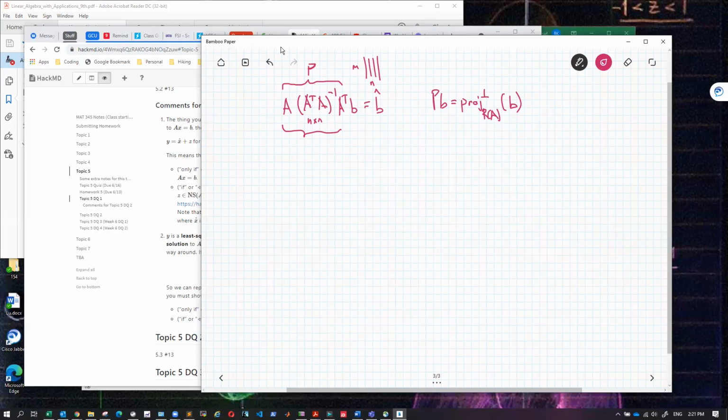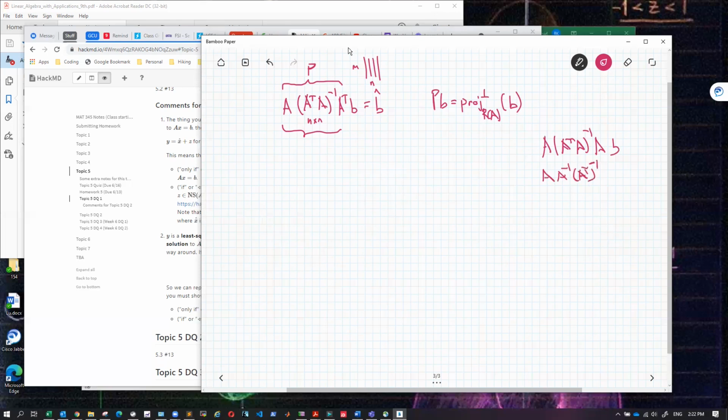Okay. And let me just point out too, if it happened to be the case that A was actually invertible, then this whole thing we have here, A times A transpose A inverse times A transpose B, becomes, when we do the inverse, it changes the order, A inverse, A transpose inverse.